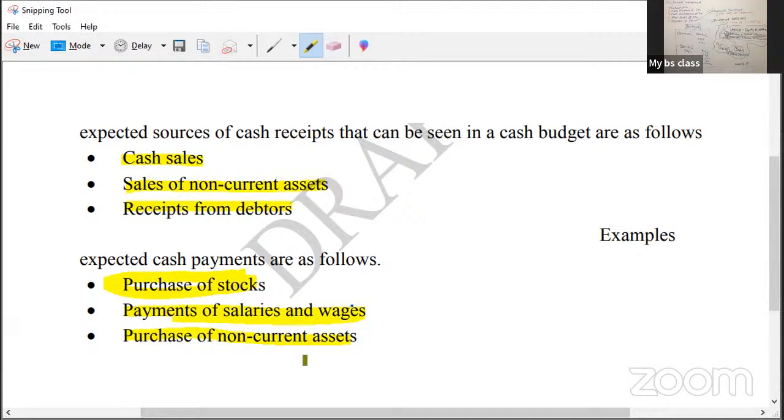Okay, so here that has to be a purchase of current assets, right? Like short-term assets, basically the materials and stocks.